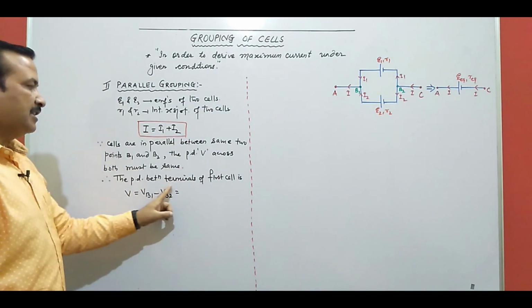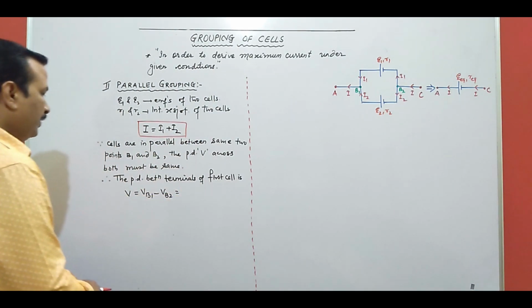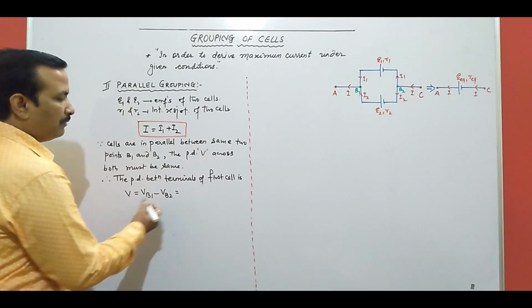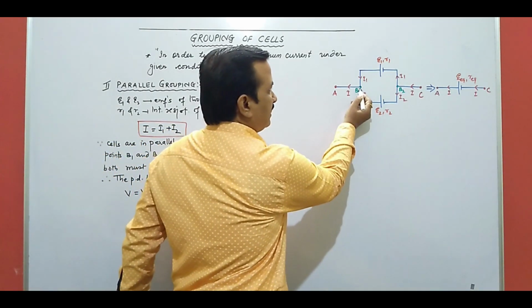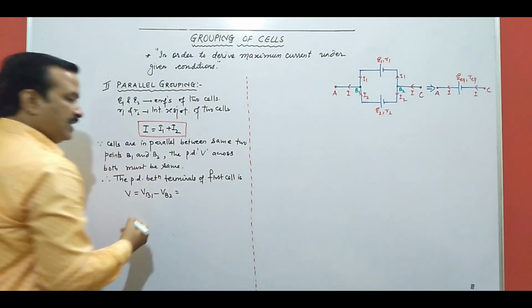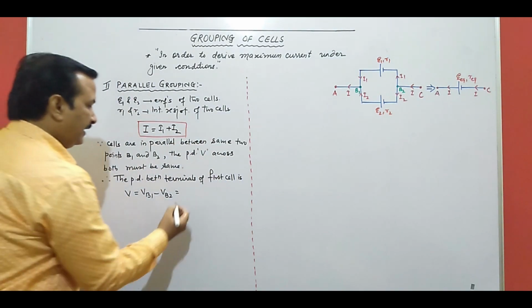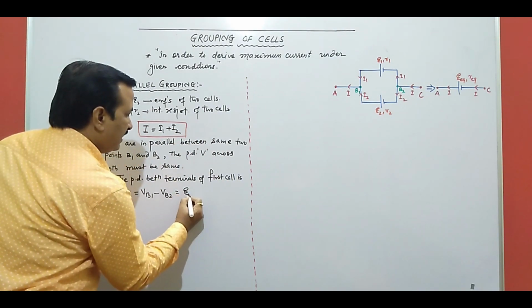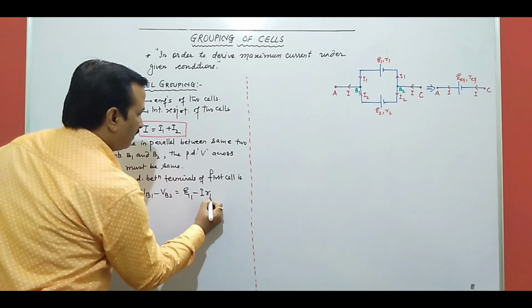So the potential difference between terminals of the first cell, we can write V is equal to VB1 minus VB2. Potential here minus this one. It is equal to, V is equal to equation we will be writing. That is E1 minus IR1.